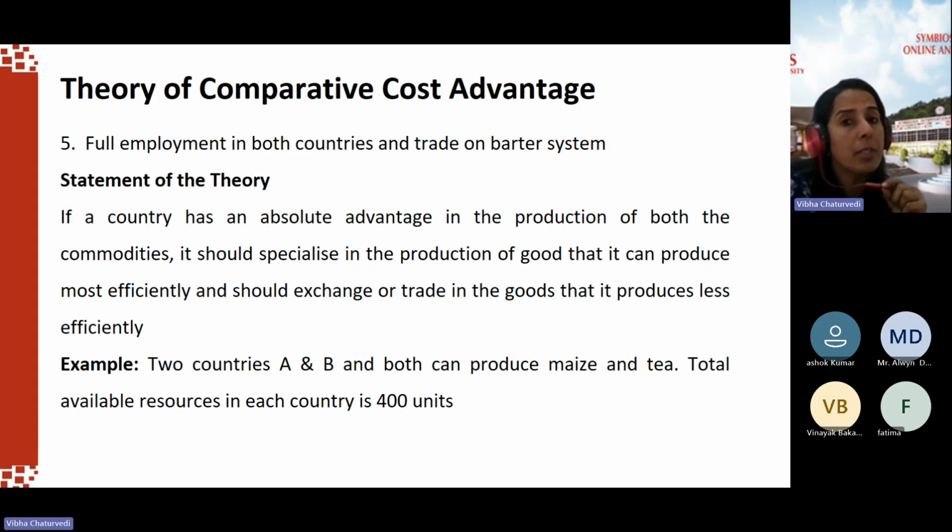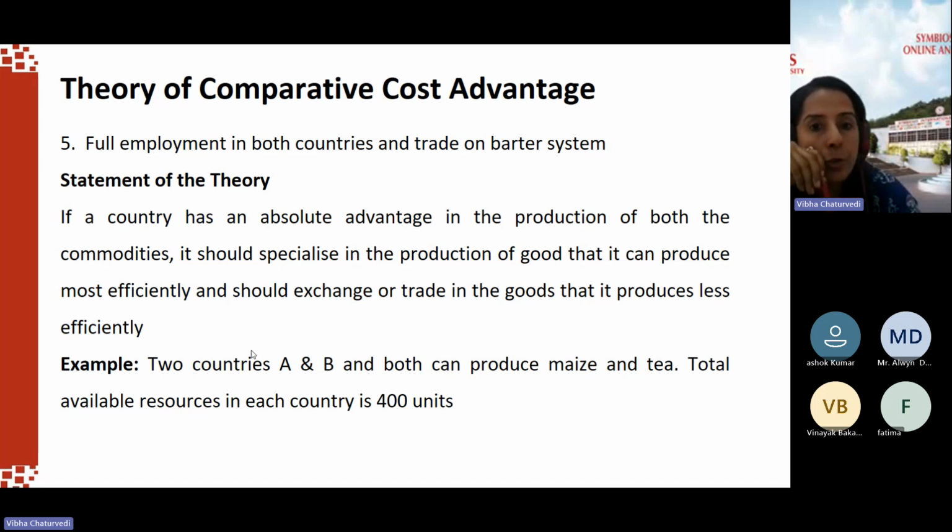Even if I go back to the previous example of absolute cost advantage, you will realize that if I were to study the production cost of country A for maize and tea, greater efficiency might lie in the production of one commodity as compared to the other, which means that more of one commodity can be produced with the given units of factor of production, as compared to another commodity, that is between maize and tea, even though it may have an absolute cost advantage over country B in the production of both the commodities.